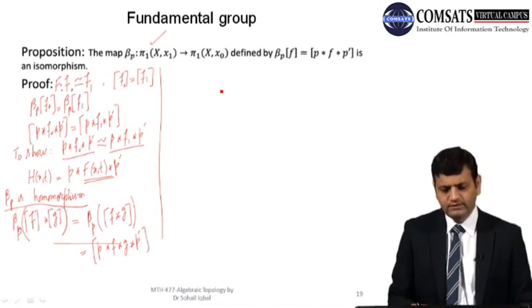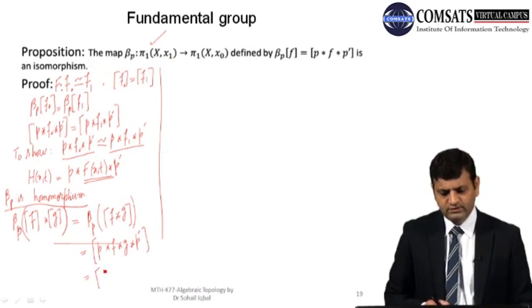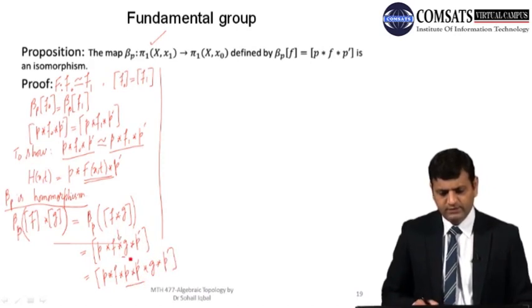Now we also know that pi 1 of x1 and pi 1 of x0 are groups, and what are the inverses? If I have p, then the inverse of p is p prime, and their multiplication is constant. So basically what I have done is I have introduced this p star p prime inside between f and g.